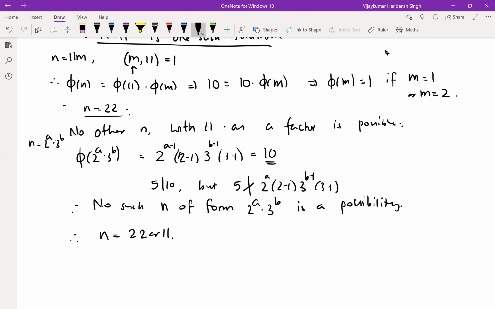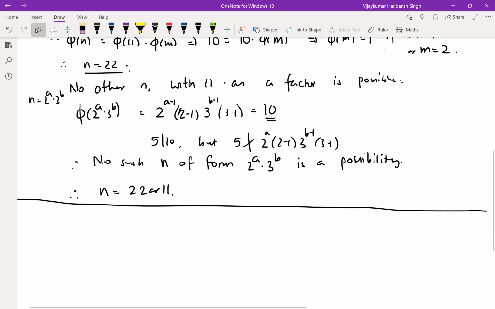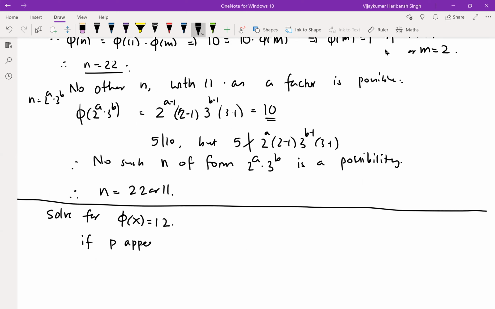All right. So let's do one more problem. Solve for phi of x equals 12. Now, again, if p appears in the factorization of x, this implies p minus 1 must divide 12.